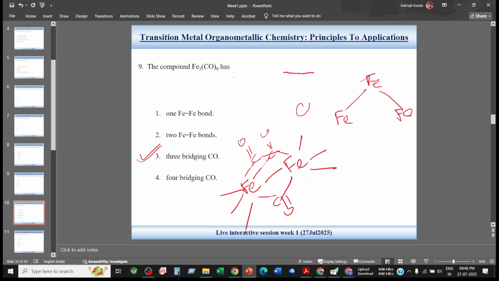So for the iron case, or any complex having two different types of stretching: for the bridging one, the carbon donates to both metal centers, so that will have a different stretching frequency compared to the carbonyl group attached terminally. So two different carbonyl peaks you will observe.